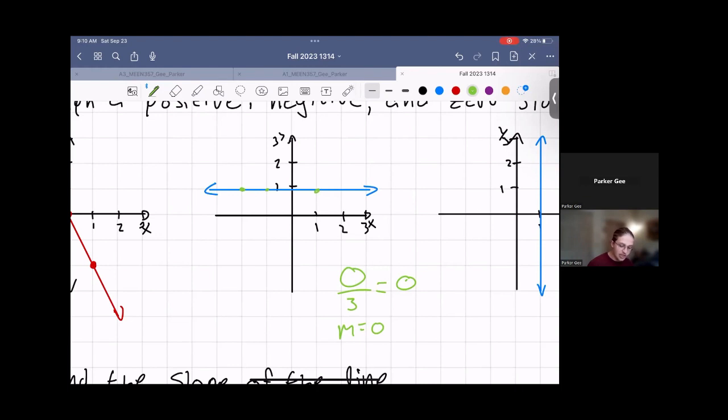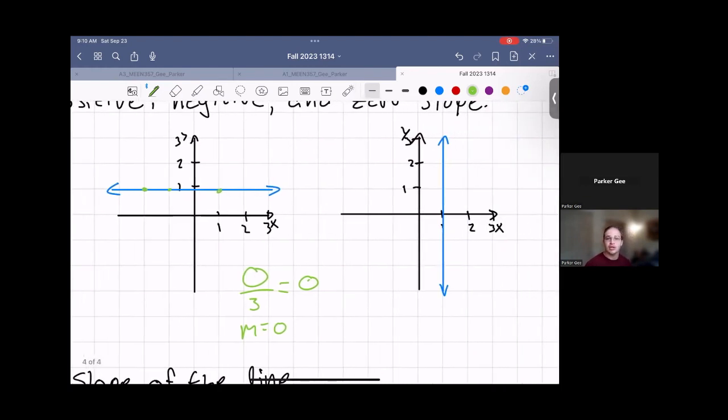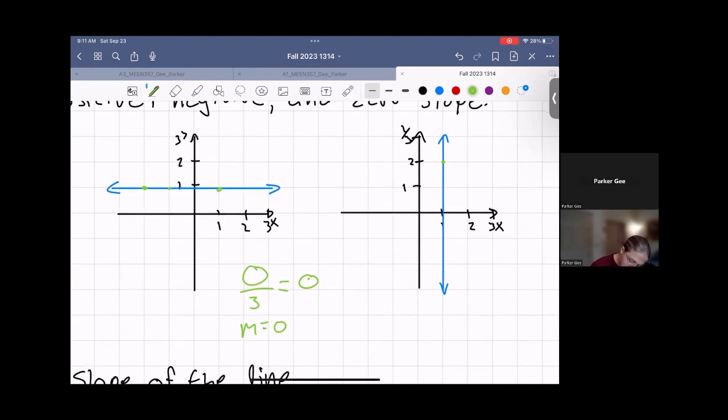The reason why it's tricky is because we can also have a vertical line. A cool trick is we all know you can't divide by 0, and it's a little bit difficult to understand why you can't divide by 0. But mathematically, if we again do our rise and run, and we are rising infinite, just like we were running infinite, let's just say we are rising 2, but we're not running at all.